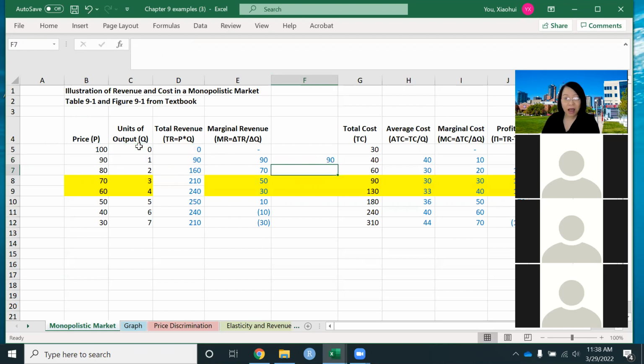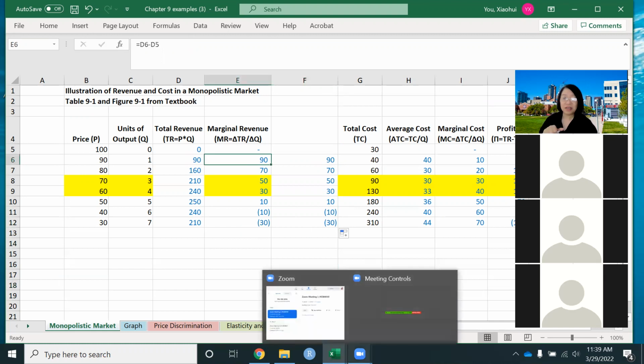And then you find out, oh my God, that's the same value. Even when we do the Excel recalculation, it's the same value. Why? Can anyone tell me why? In this one, I'm just using the current TR minus the previous TR, and I get the same value.